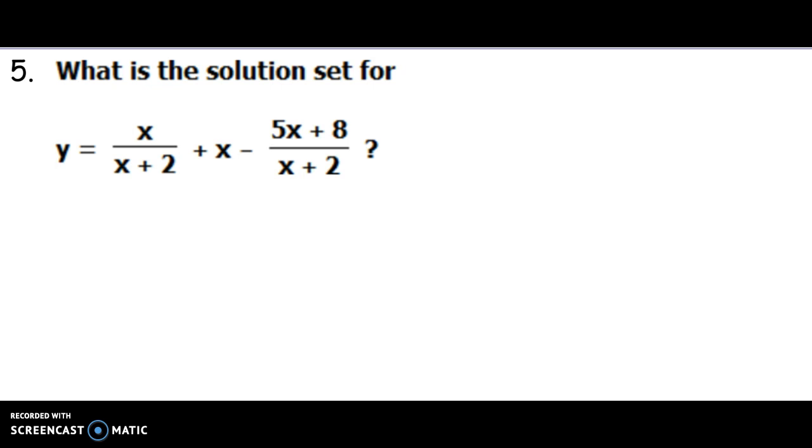For number 5, we're just simplifying. Common denominator, remember, x is the same thing as x over 1. So our common denominator is going to be our x plus 2. So we're going to multiply everything times x plus 2.